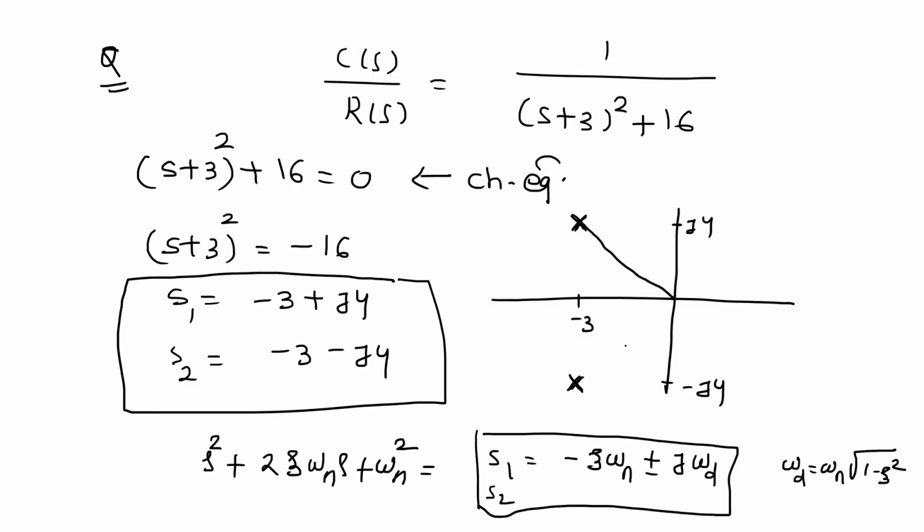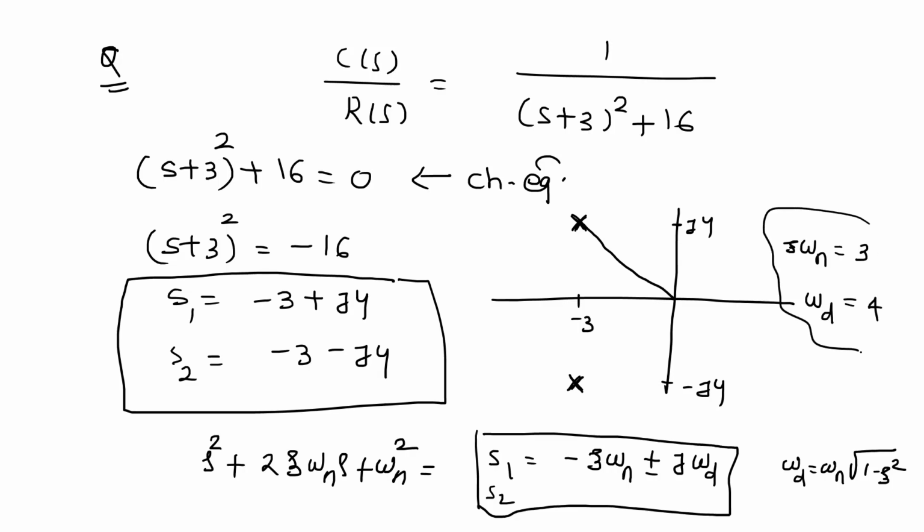Omega d is the damped frequency of response, which is omega n into square root of 1 minus zeta square. Comparing with this question, minus zeta omega n is the negative real part, so zeta omega n equals 3, and omega d equals 4.